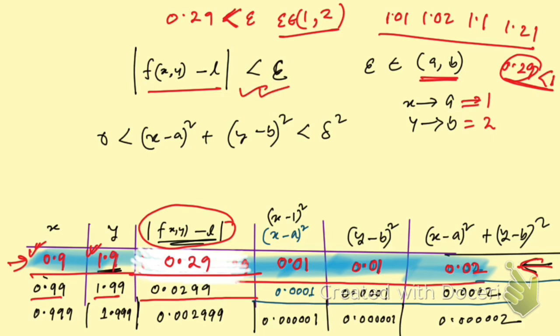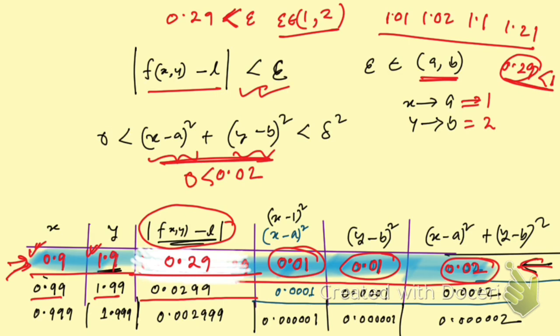This first condition is satisfied. Now let's come to this part. For the first row you can see the sum of this one and this one becomes 0.02, which is greater than 0. This condition is also satisfied, greater than 0 and less than some positive number.